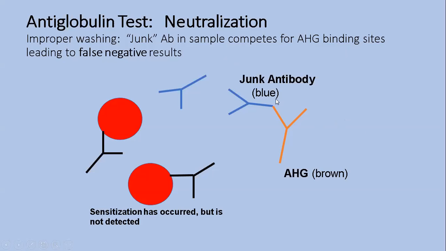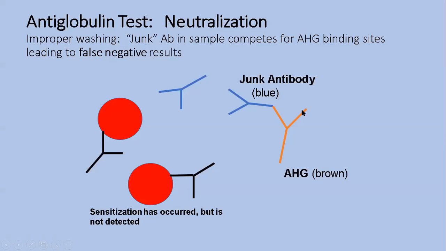In this case, we could see that it came into contact with the junk antibody and bound to it. So if its binding sites are taken up by binding to the junk that we failed to wash away, there are no binding sites available to latch onto these IgGs. And so this looks like a negative result. It's a false negative result because we're failing to detect this sensitization, which has already occurred.